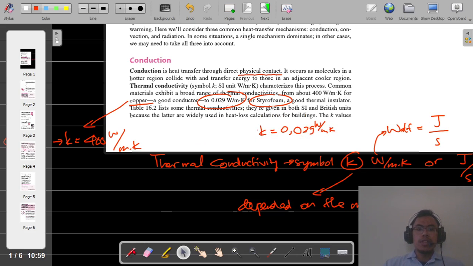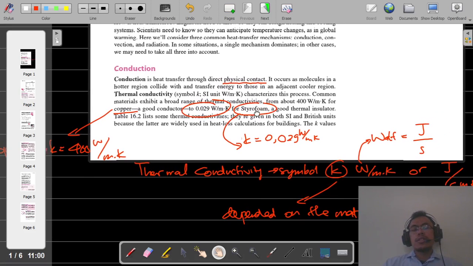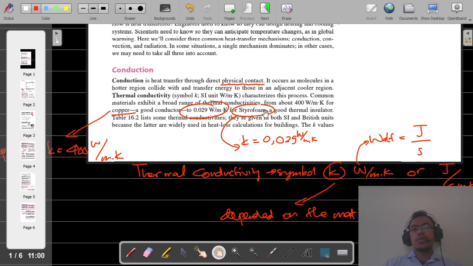Let's say you have warm food and you want it to not get cold easily, so you can wrap your food using styrofoam. Styrofoam is also called an insulator, a material used where we do not need to conduct thermal energy.